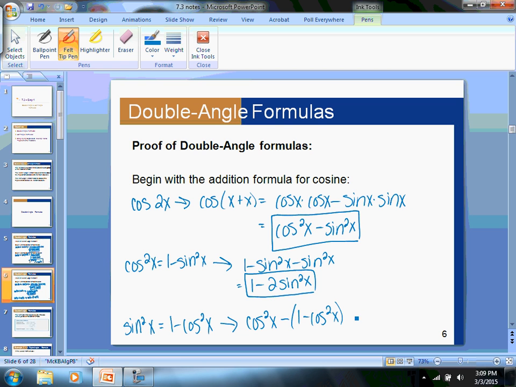So then when I simplified that, oops, I'd really have a -1 and then a plus. So I would actually have 2 cosine squared x minus 1. Okay, so that's the third version of the double angle formula for cosine.